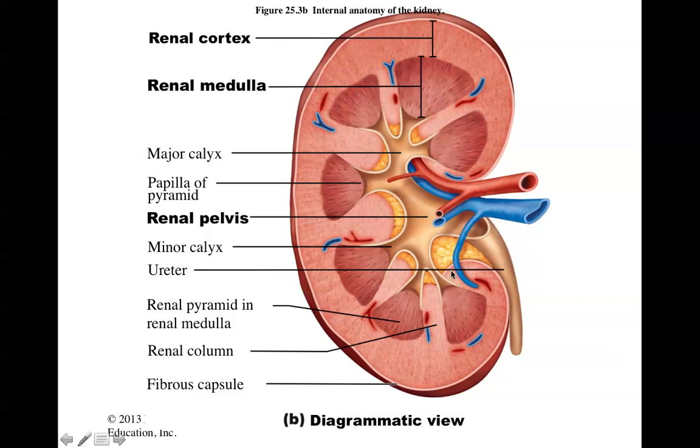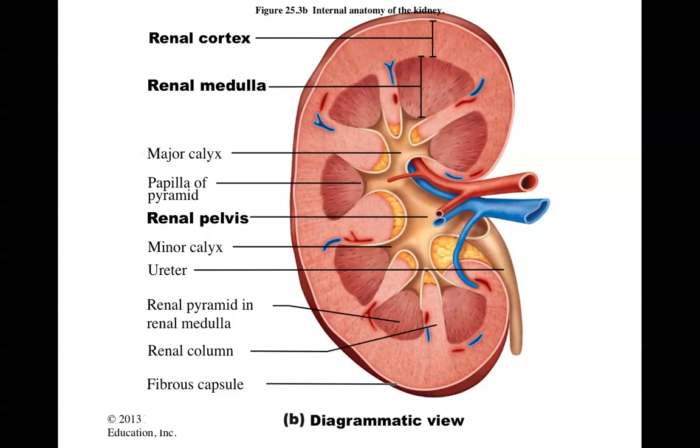At this point it is going to be called urine, not filtrate, but urine, to the minor calyx. Okay, and then you have minor calyces, which are right here, here, and here, major calyx here, renal pelvis here, and then eventually to the ureter, which is right here.